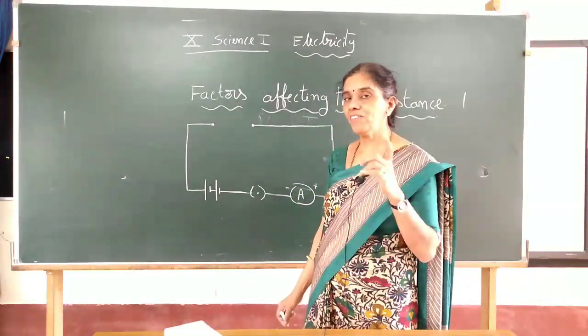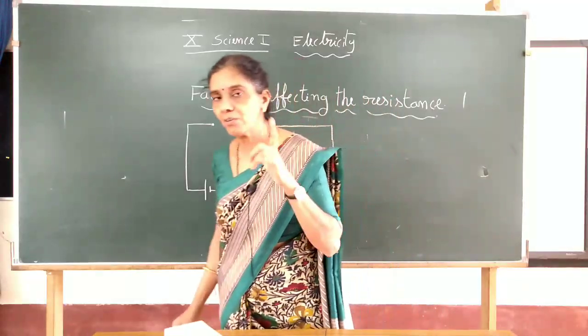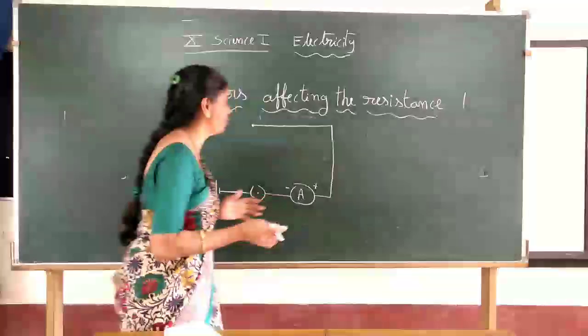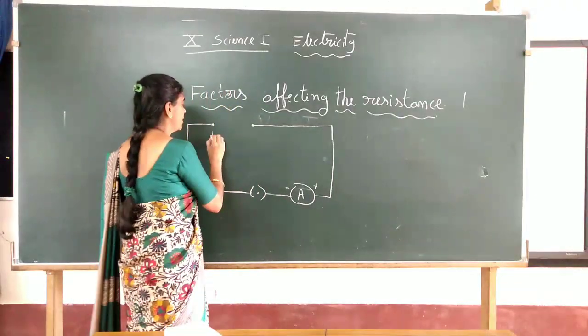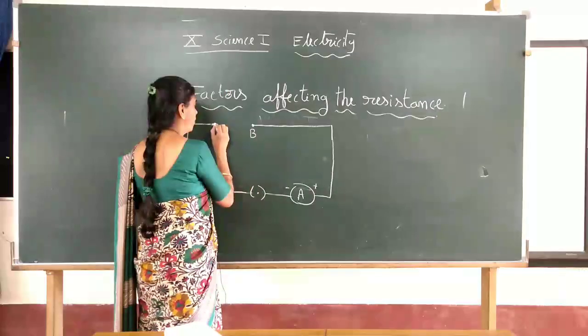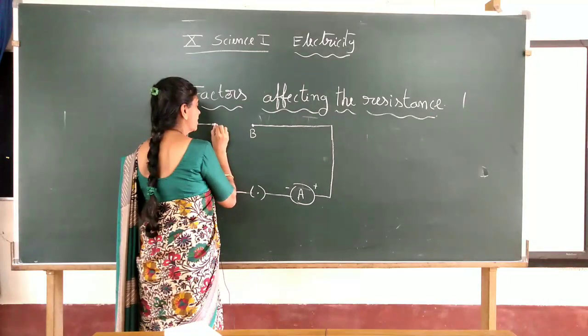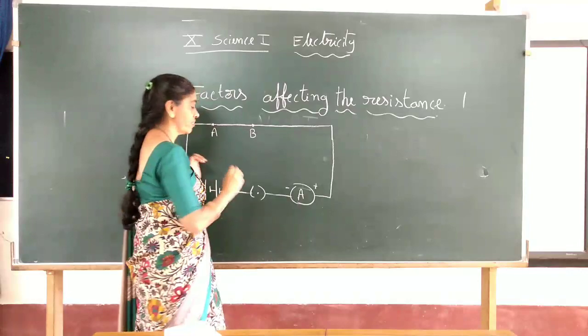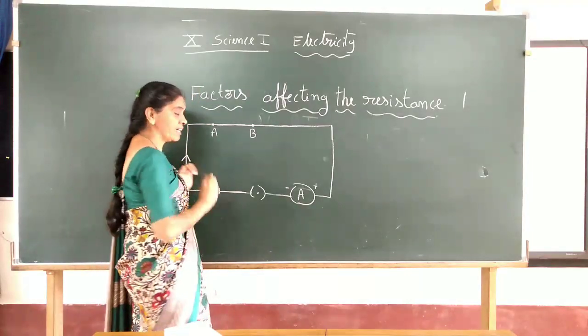Now we will first take a nichrome wire, say a 20 centimeter nichrome wire, and between the points A and B we will fix that one nichrome wire, and we will measure the current.